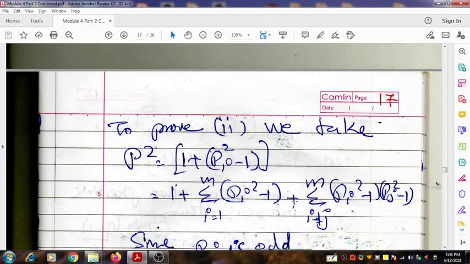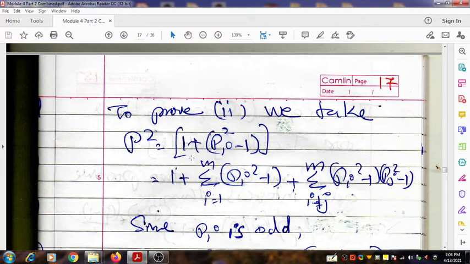Next, to prove the second part, that is to find the value of (2 bar p), we have to consider p squared. Instead of p, we write here p squared, and p squared equals p1 squared into p2 squared into etc. to pm squared, considering the product of primes. But each pi squared can be written equal to 1 plus (pi squared minus 1).